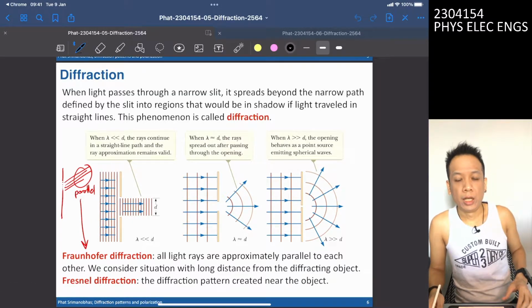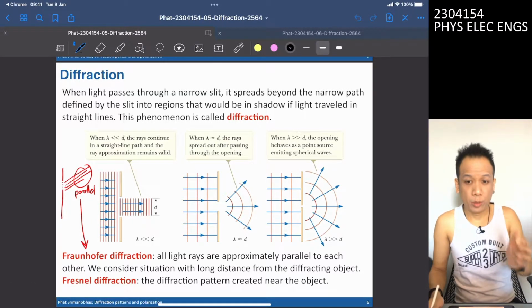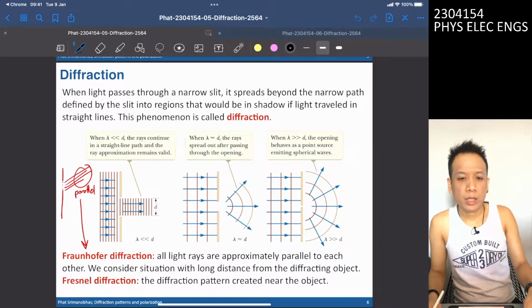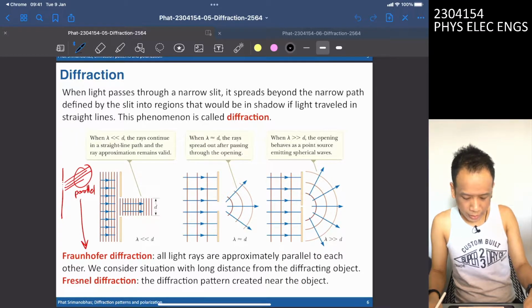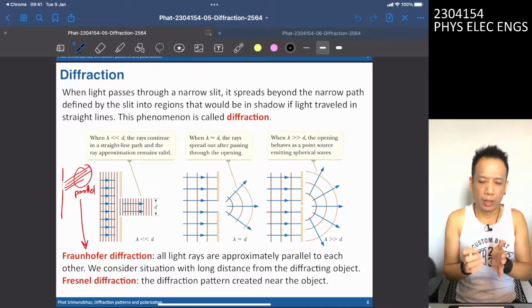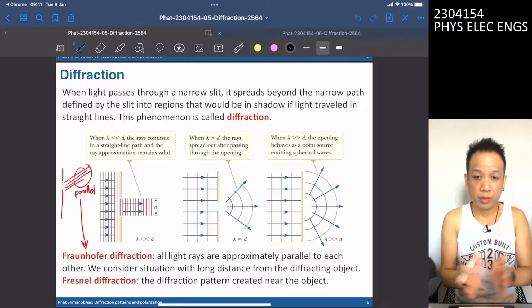We were talking about the situation where the wavelength is comparable to the aperture, and when the wavelength starts to be larger than the aperture, you're going to see more wave spread.